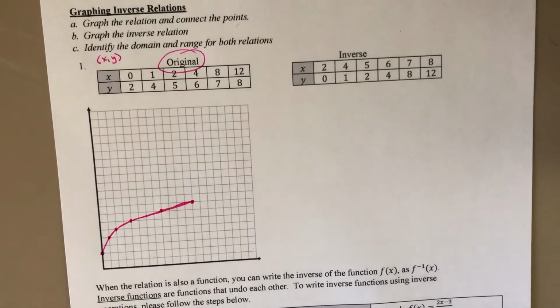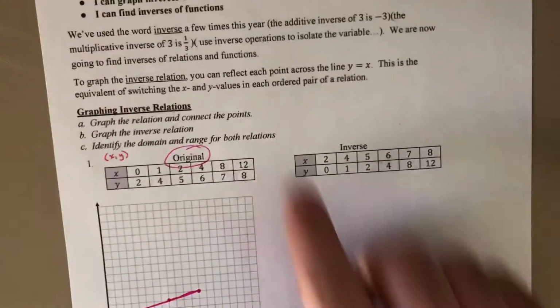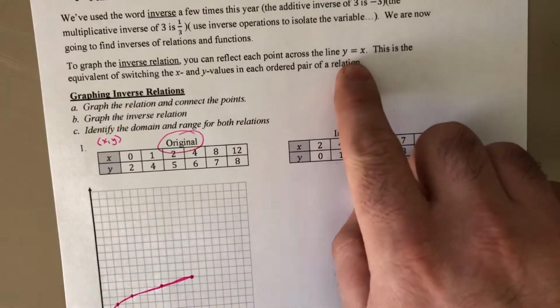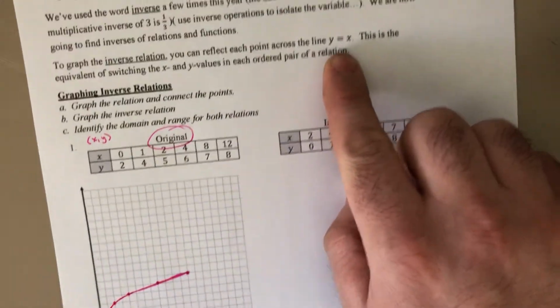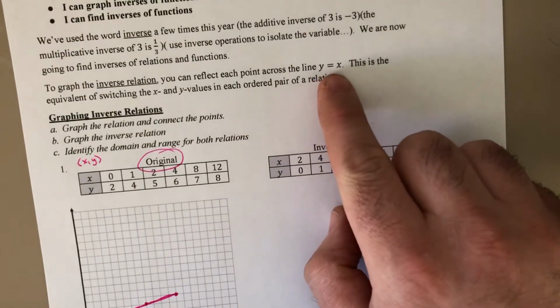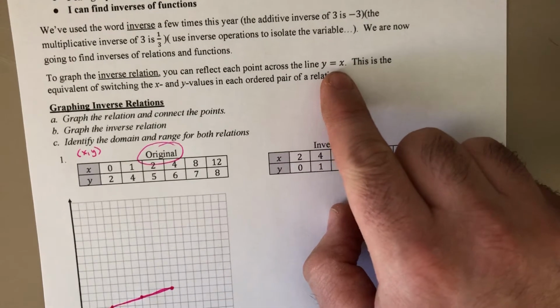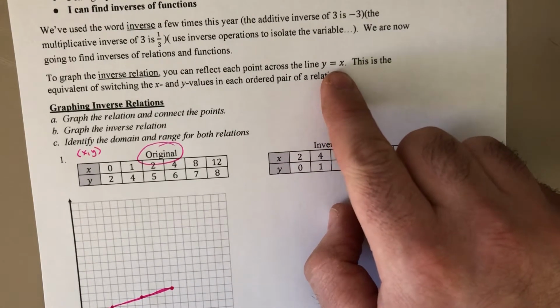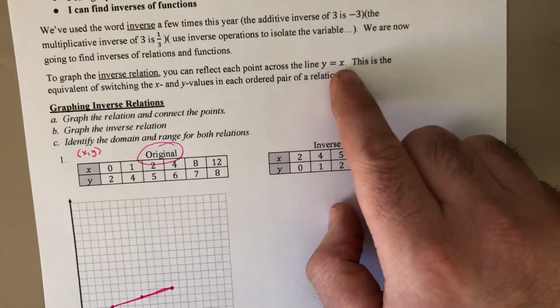Then what happens with the inverse, like it said, is you're going to reflect it about the line y equals x. Well, let's graph that line y equals x. This is in the form y equals mx plus b, where m just happens to be 1, and b happens to be 0. B is the y-intercept.